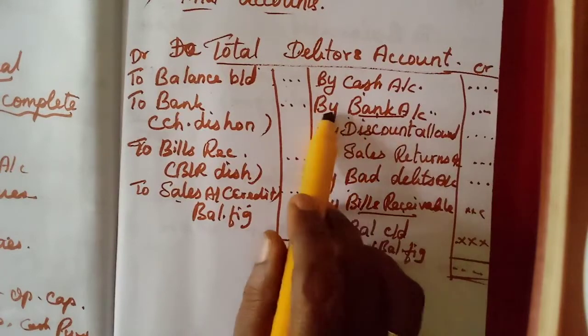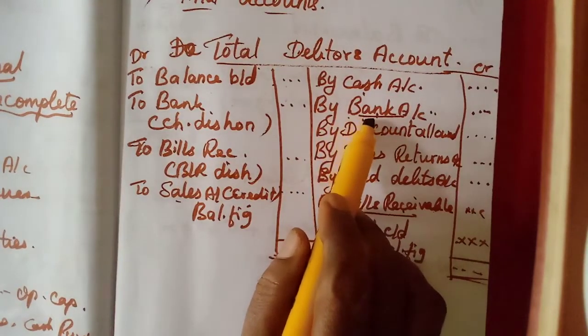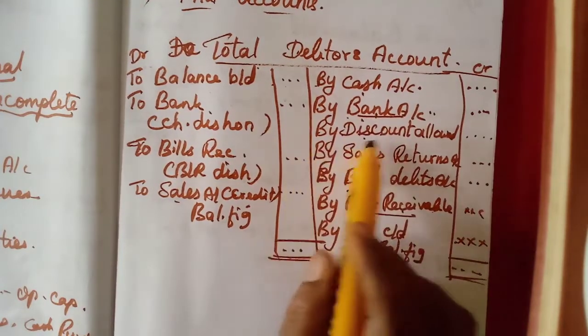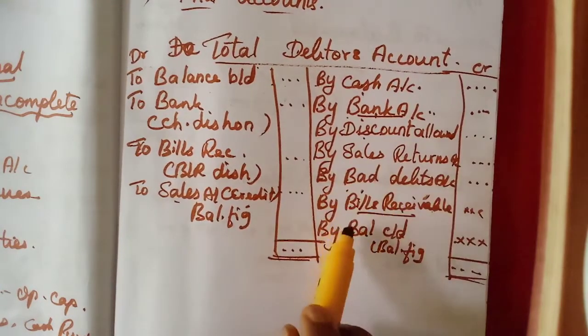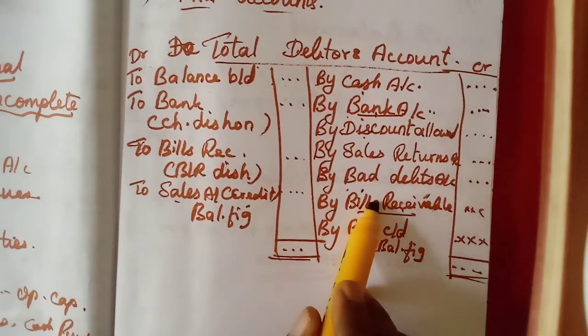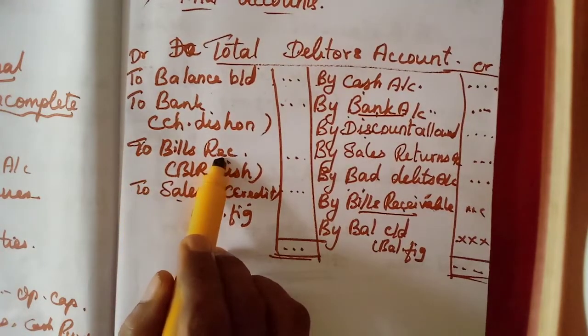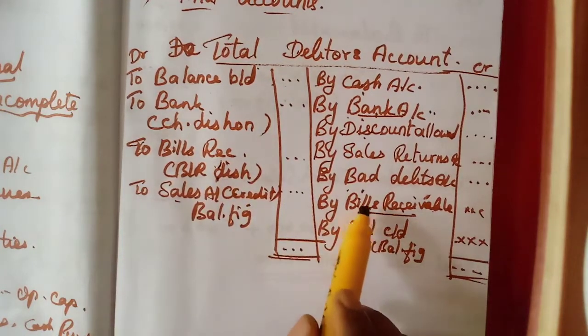Then if we deposit that money in the bank, bank account debtor, so we have to credit. Then if we allow any discount, sales return, bad debts, this bills receivable we have entered there. Bills receivable dishonor, this one bills receivable honor.